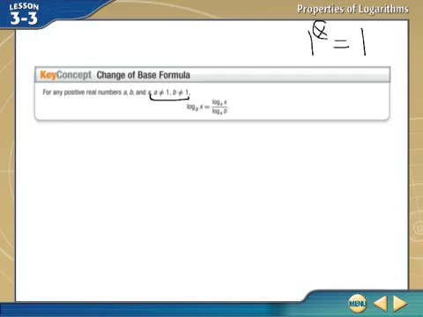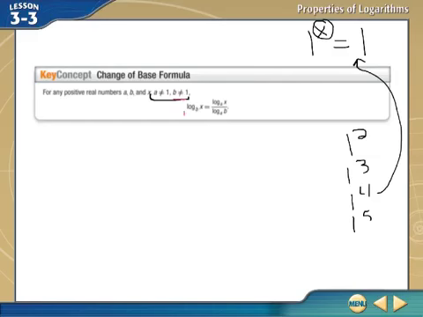It does not matter whether it's 1 squared, 1 cubed, 1 to the 4th, or 1 to the 5th, all of these give me 1. That is why a cannot equal 1 and b cannot equal 1, because you would end up with a constant function rather than a logarithmic function.